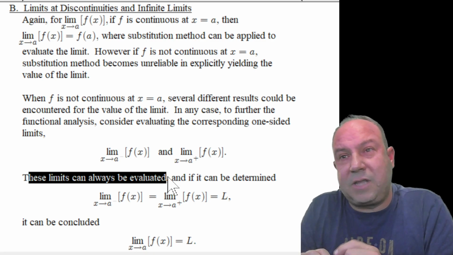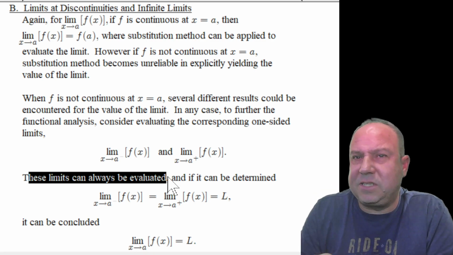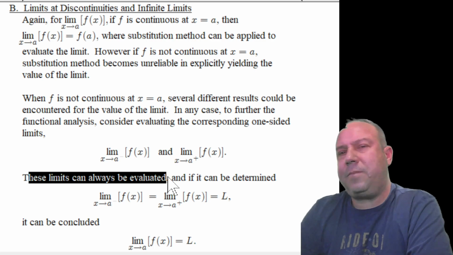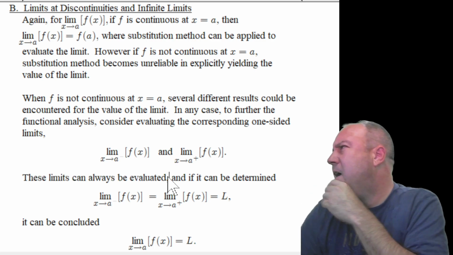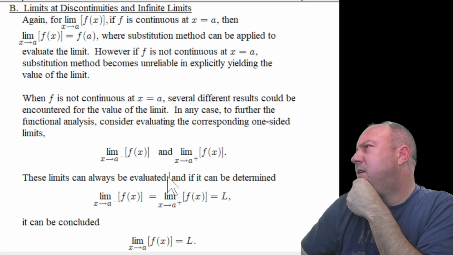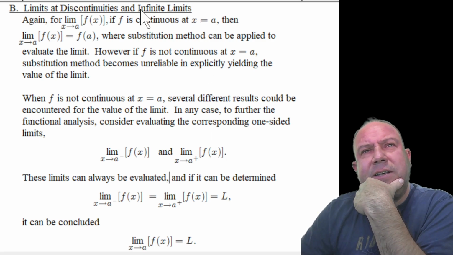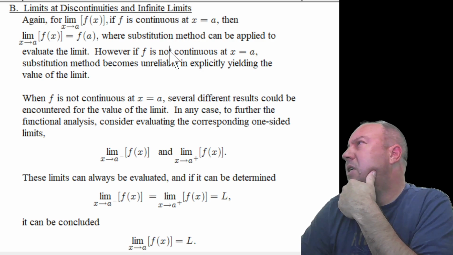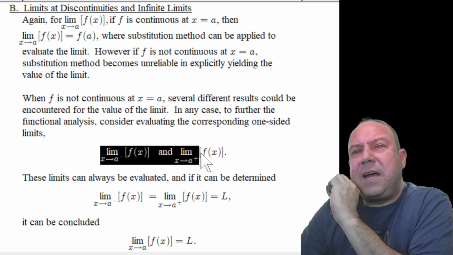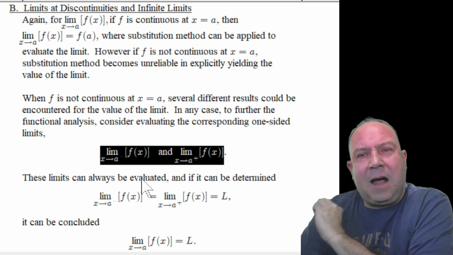We have to be careful using that term. So I'll say these limits can always be evaluated. That's why I changed it up a little bit there, because I want to watch using that term existed, especially when discussing infinite limits. One-sided limits can always be evaluated.